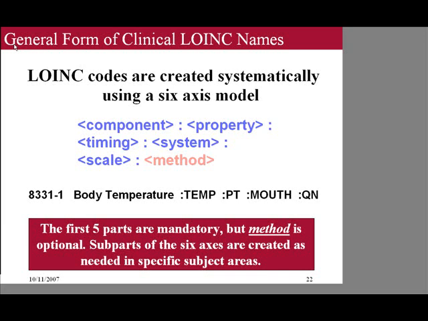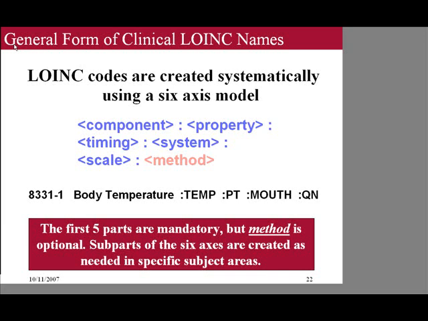In general, the first 5 parts are mandatory, so the parts that are in blue on this slide are things that have to be defined, because if you don't define those first 5 parts, you don't end up with the unique definition for the item. And then method can be included when method is important. And method is important basically if it creates different sensitivity or specificity around the test that's important for clinicians to understand.